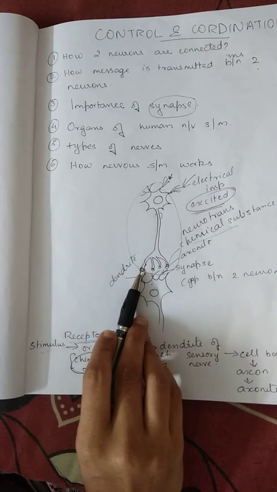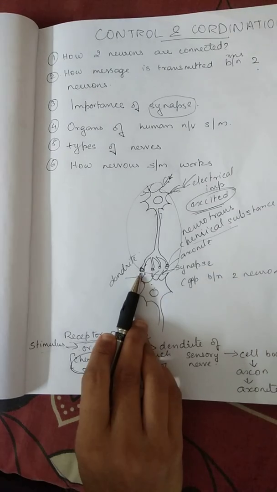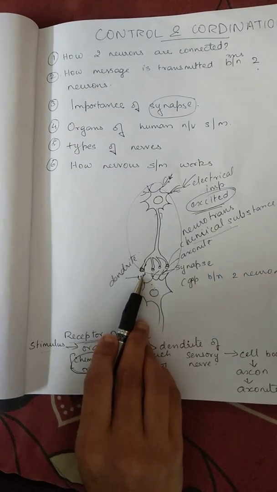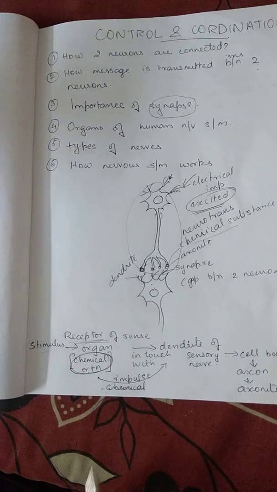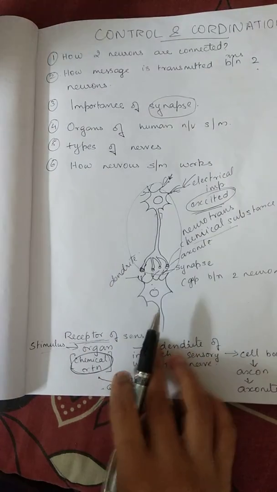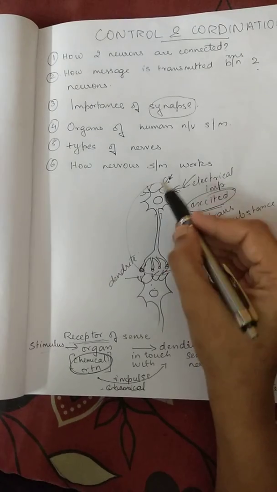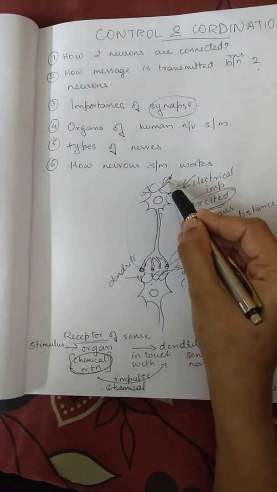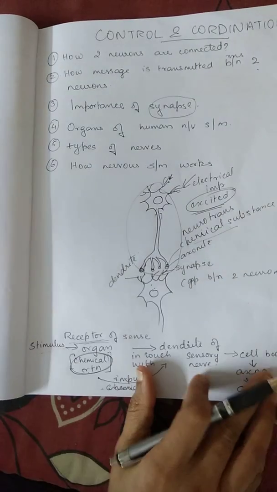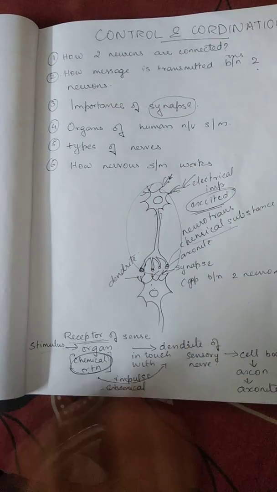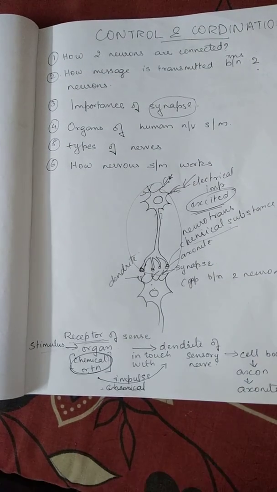The neurotransmitters or the chemicals are released, which in turn sets off the electrical impulse in the dendrite of the second neuron. And that is how this transmission occurs till the sensation, that is the stimulus of light, reaches the brain. Okay, this is exactly how the message is transmitted to the brain or the spinal cord.